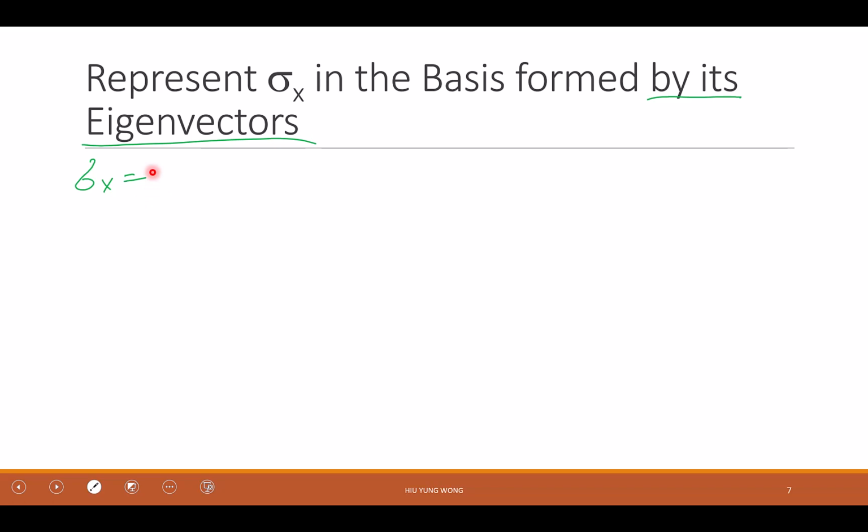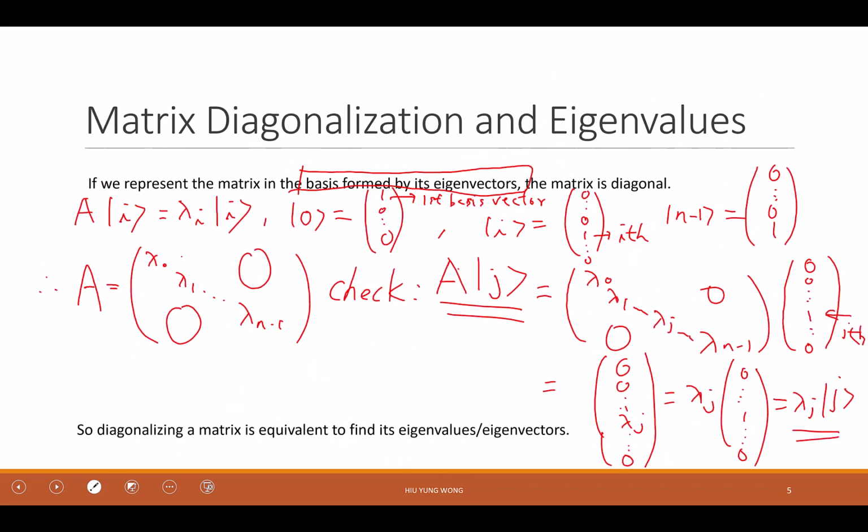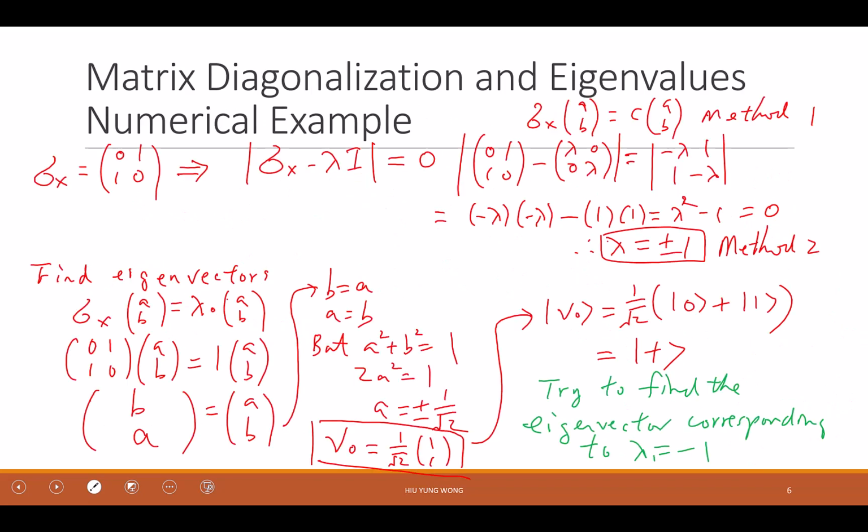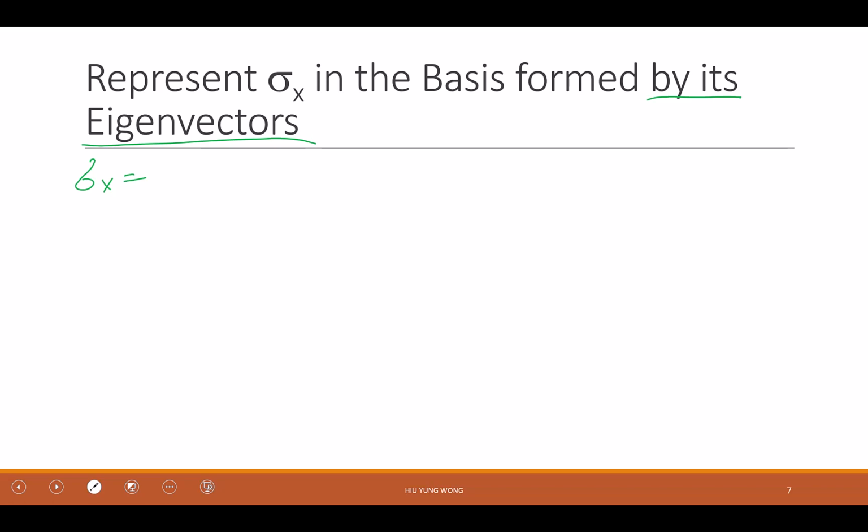When I write the matrix in the basis formed by its own eigenvector, how will it look like? It will be diagonalized, right? And what are the diagonal elements? They will be the eigenvalues.